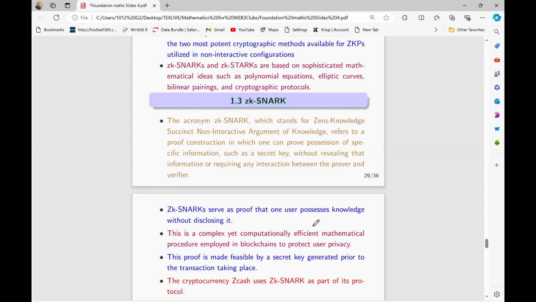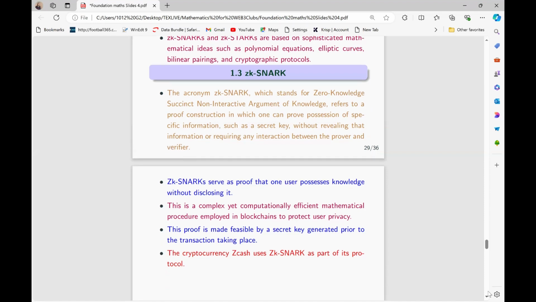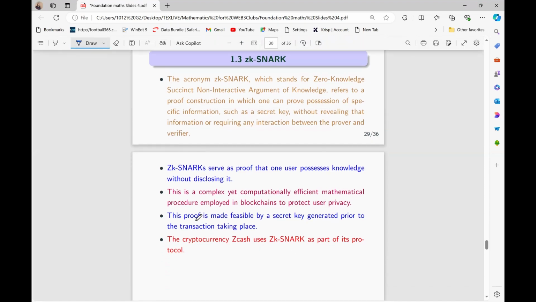Part of that mathematics is from elliptic curves, polynomials, and so on. So it's not one type of mathematics; it's a combination of several put together.